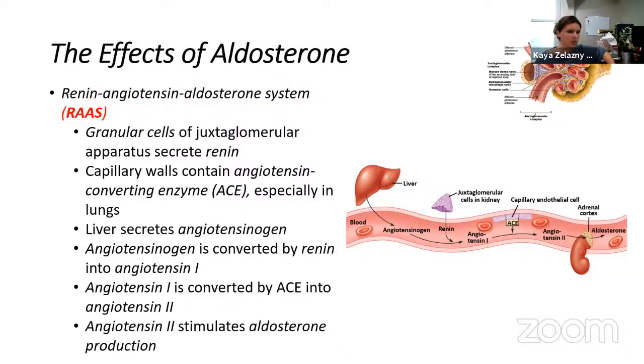Okay. So this is also going to use a lot of different organ systems, right? So we are going to be seeing a role for the liver. We're going to see a role for the kidney, right? Which makes sense because we're talking about the kidneys in this unit. Specifically, we're going to be looking at the juxtaglomerular cells, which we haven't seen in a while, but those are these ones, right?